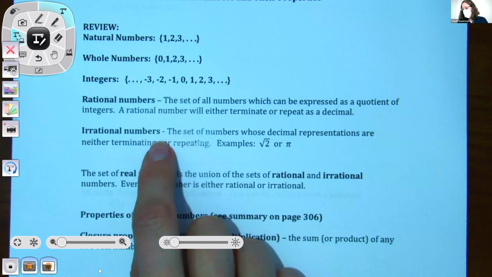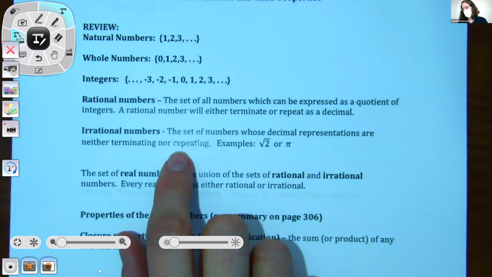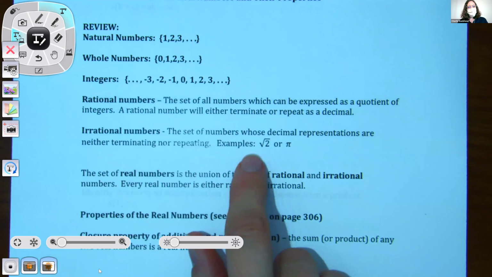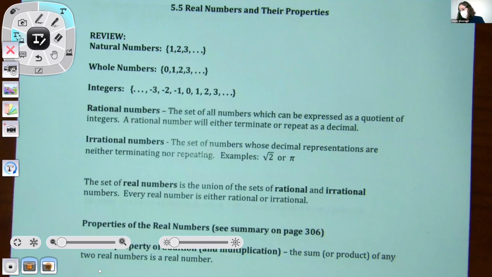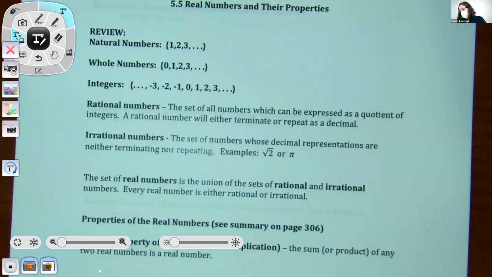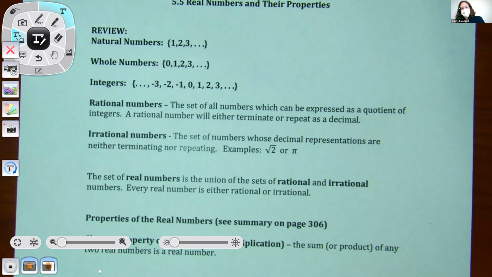And then irrational numbers, so this would be anything where the decimal goes on forever with a random pattern. It's not a pattern, just a random bunch of numbers. For example, square root of 2 or pi. So the set of real numbers contains all of the rational and irrational numbers. Every real number is either rational or irrational.